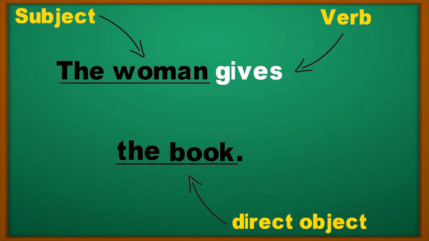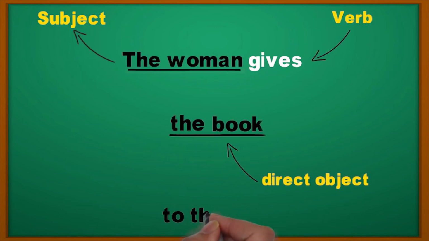Now let us add a few more details to this sentence. The woman gives the book to the man. If you see the first sentence, the woman gives the book, this sentence seems to be complete, right?